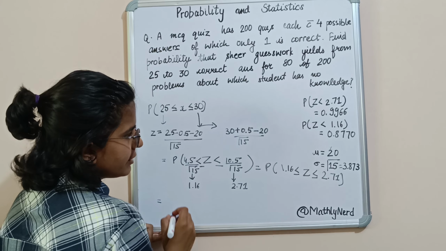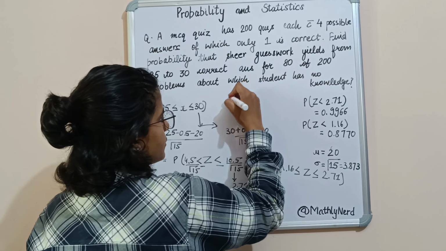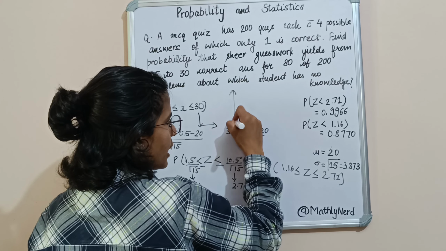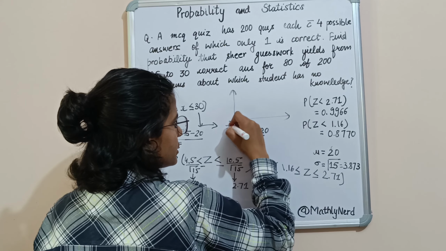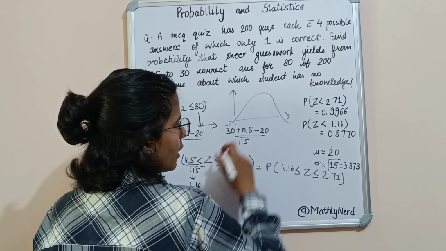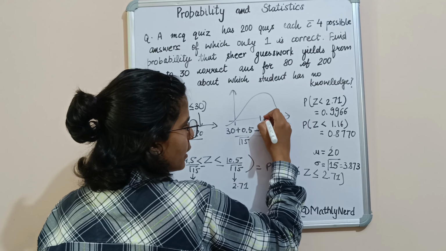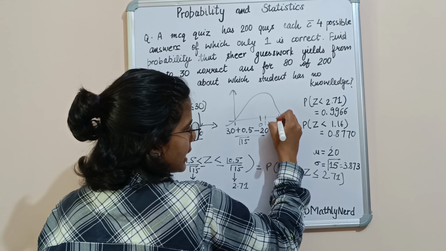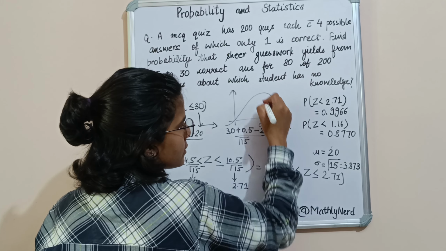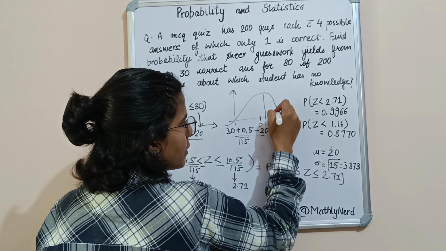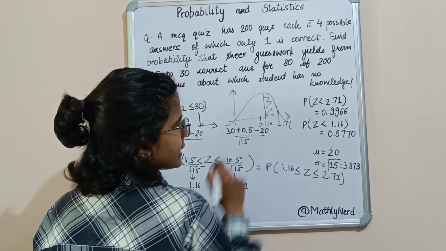So if we draw a graph, let's see, here is 0, here is 1.16 and here is 2.71. We want to find this area.